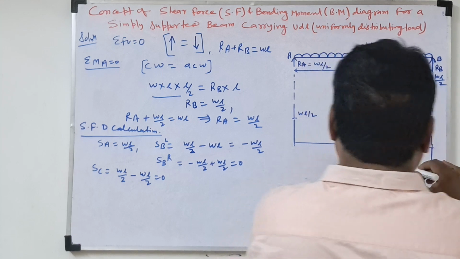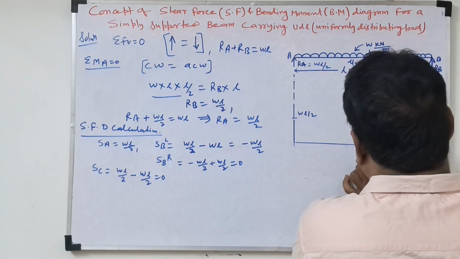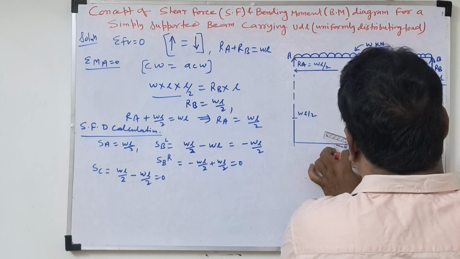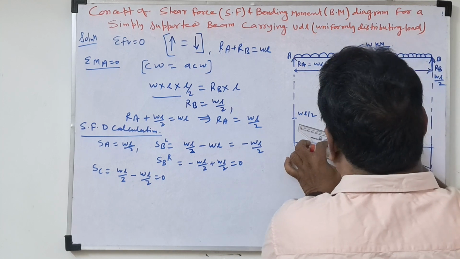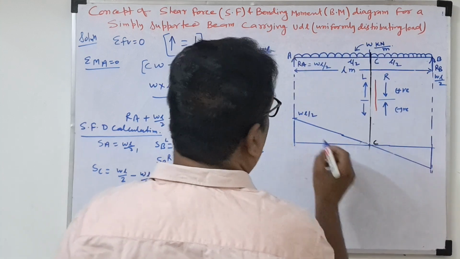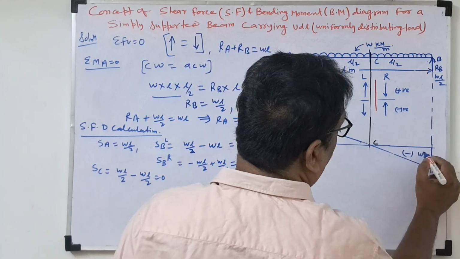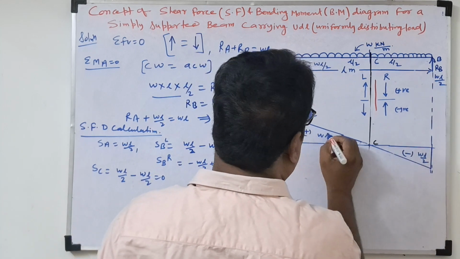Okay, first we'll join this line. So this is plus WL by 2, this is minus WL by 2.